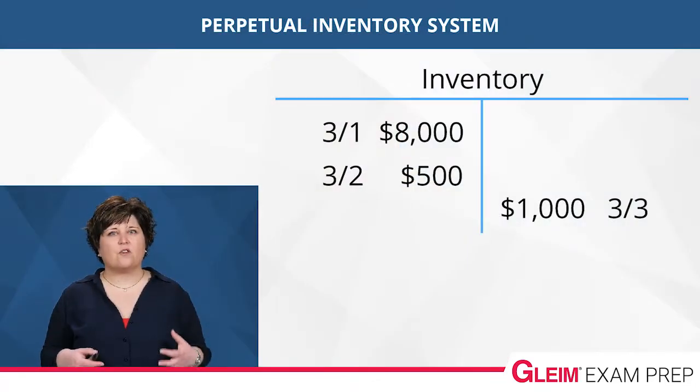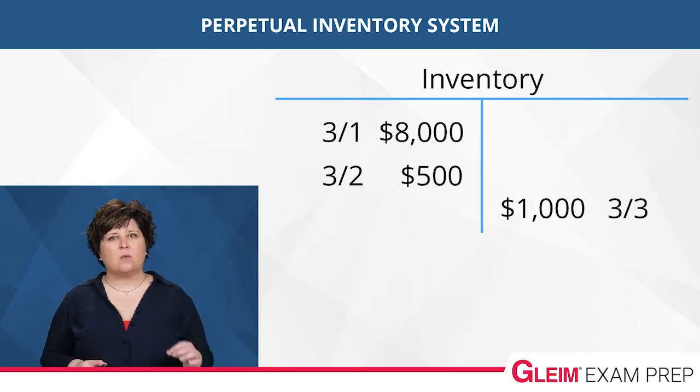Okay, we've recorded several transactions, so now is a good time to review our accounts so we know where we're at. In the accounting cycle, we record transactions in the journal. Then we post to the T account. Here's our T account for inventory so far this month. We debited inventory on March 1st when we made the $8,000 purchase.